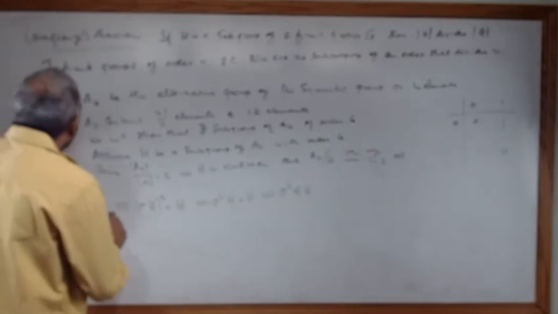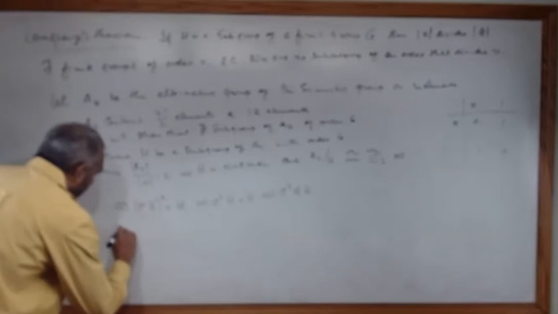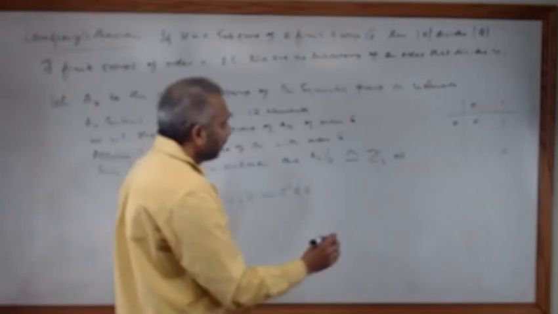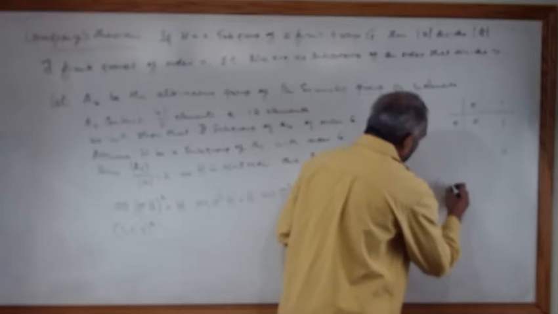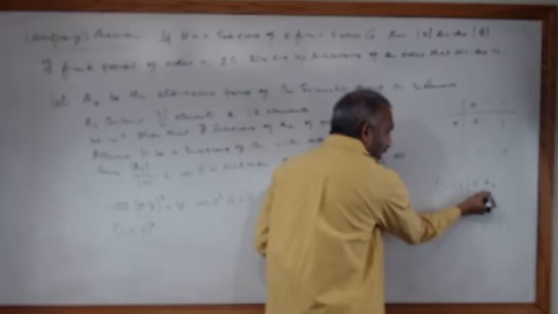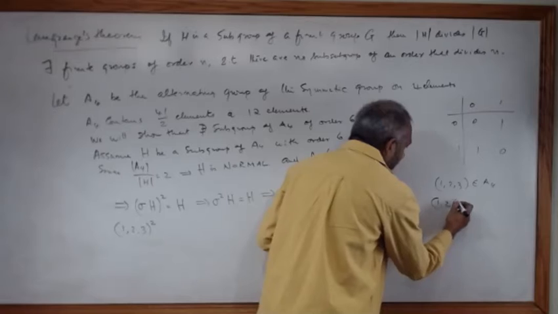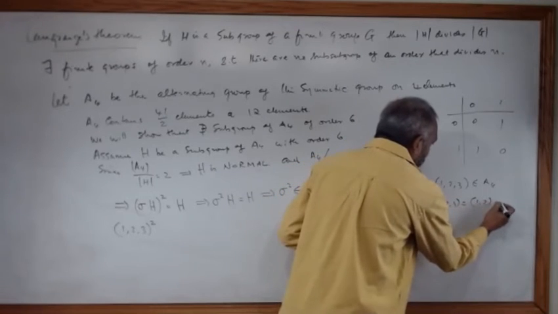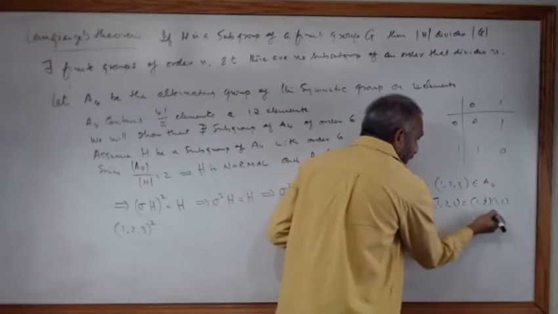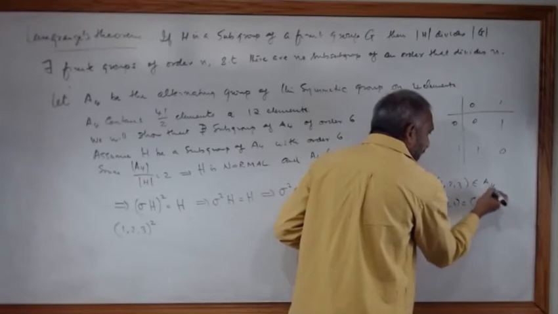So let us find some examples here. The permutation (1 2 3) squared. The permutation (1 2 3) belongs to A4. A4 contains all the even permutations. This (1 2 3) is actually written as (1 2)(1 3)... a product of 2 transpositions, an even number of transpositions. So it is actually in A4.